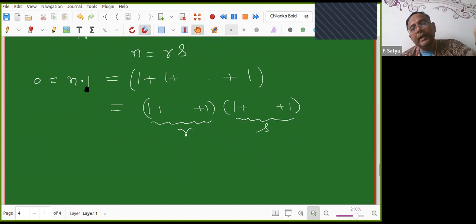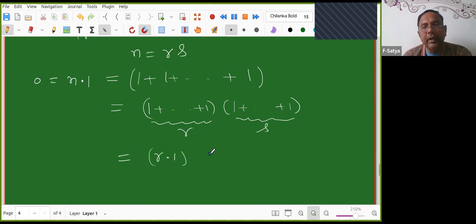Again I'll repeat, n is not an element of the ring, but I'm mapping n into that. It is now r into 1 by that definition, times s into 1.